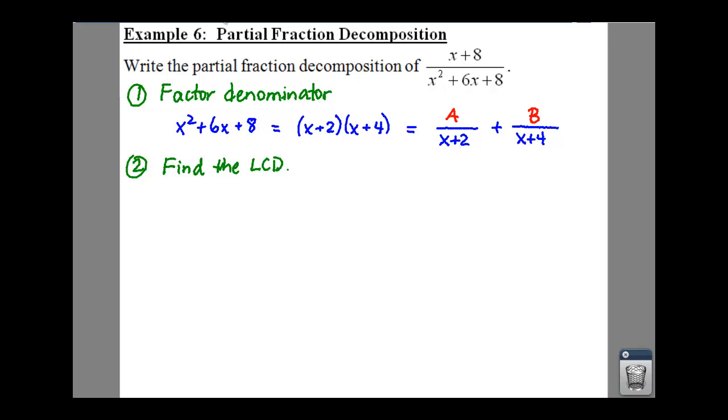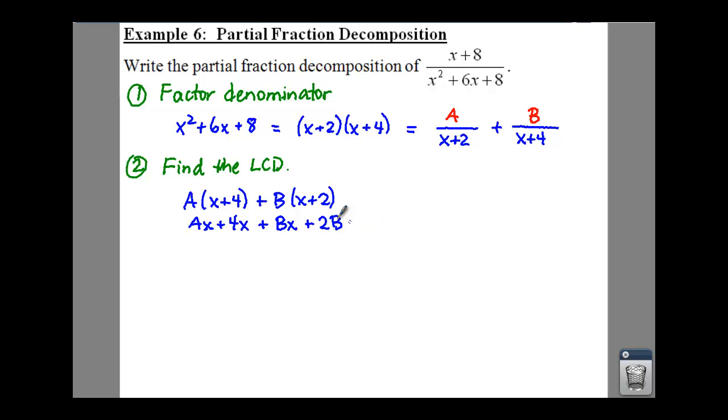So let's go ahead and write that out. So a times x plus 4 plus b times x plus 2, and that's going to give us an ax plus 4a plus bx plus 2b.